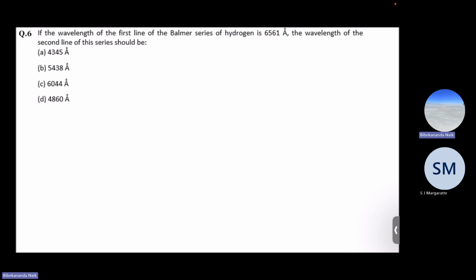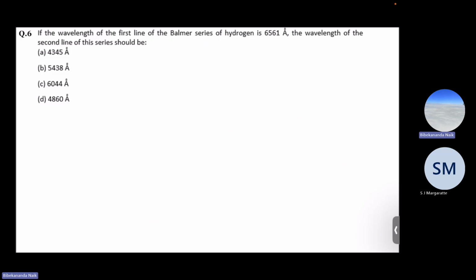Question number 6 says, if the wavelength of the first line of the Balmer series of hydrogen is 6561 Angstrom, then the wavelength of the second line of this series would be. So we know for Balmer series, what is the expression for Balmer series? When the transition occurs from a higher orbit to n equal to 2, the emitted radiation corresponds to Balmer series.